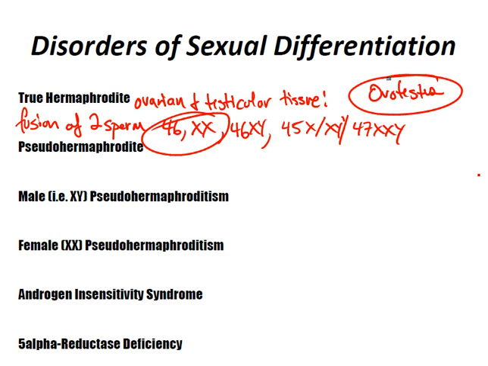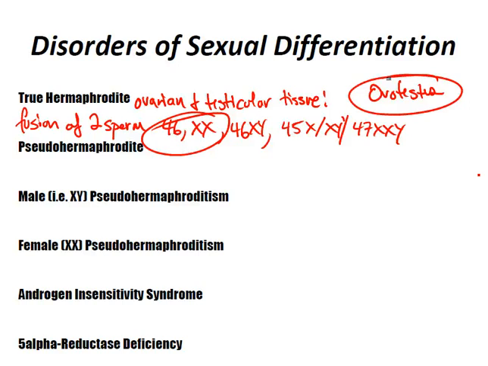So what about a pseudo-hermaphrodite? They may be male or female. It describes the genetic or karyotypic sex. The gonads and genotype match, but the phenotype, which is the appearance of the external genitalia, does not. Okay? So the karyotypic and gonadal sex is normal.